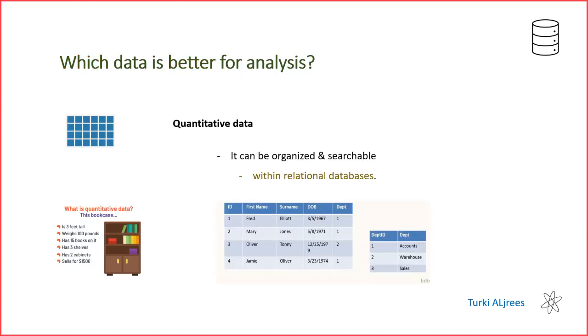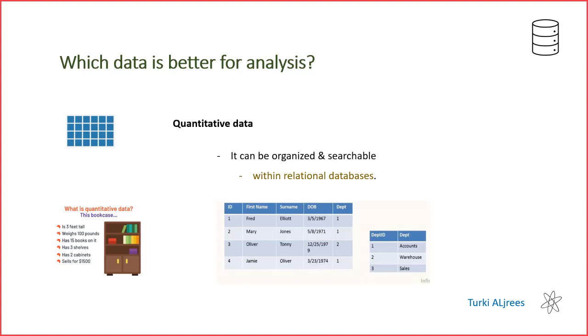Now if we take them individually, side by side, the quantitative method with structured data is the easiest one. It can be organized and easily searchable. So within relational data you can find someone by their ID or even by their department, and you can find anyone assigned to that department.